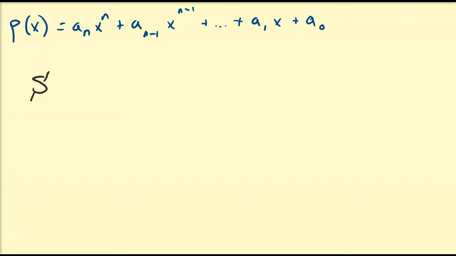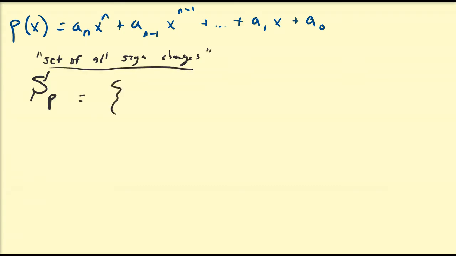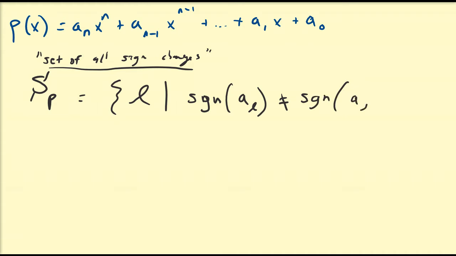So I'm going to define a set S for polynomial P to be the set of all sign changes. The set of all sign changes is the set of all numbers L such that the sign of coefficient a_L is not equal to the sign of coefficient a_(L-1), and this is true for all L from 1 up to n.